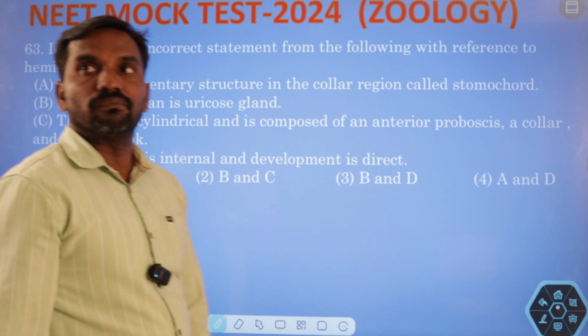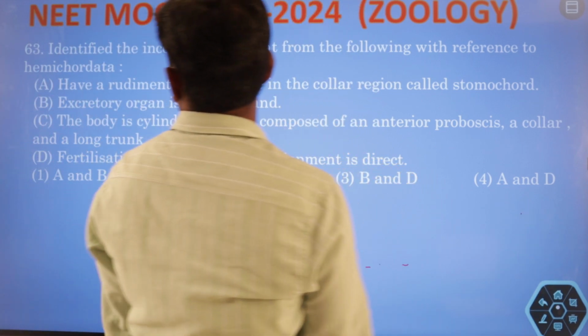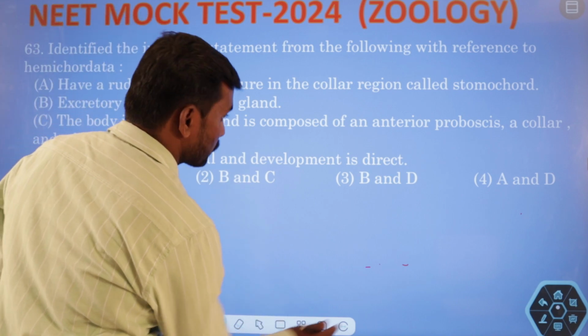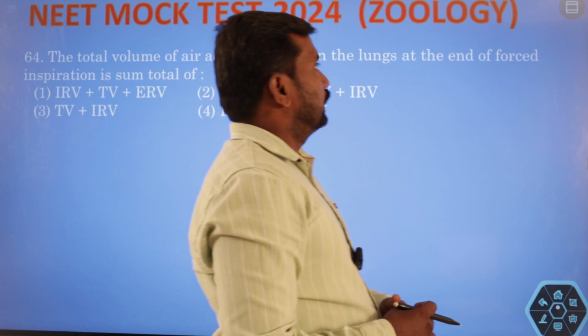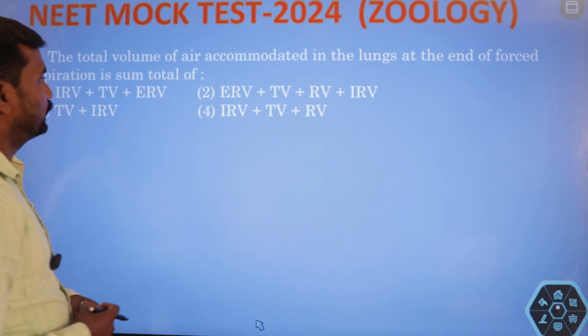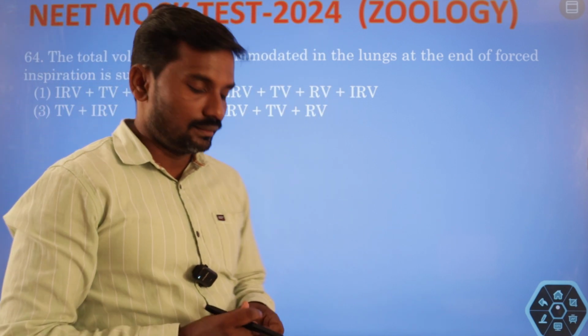Question number 64. The total volume of air accommodated in the lungs at the end of a forced inspiration. They are directly asking the question.